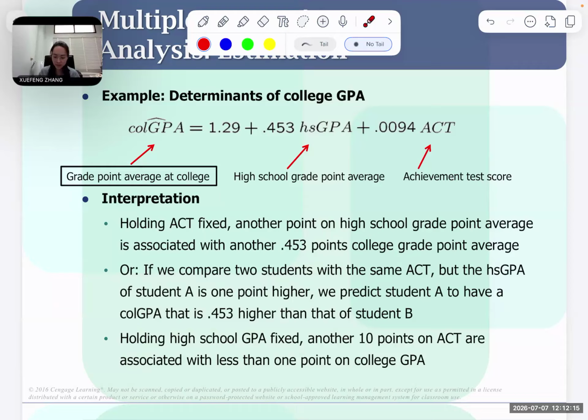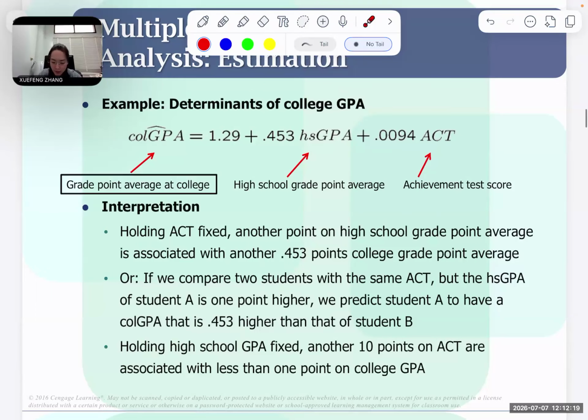Let's see beta 1, 0.453. This is our beta 1 hat.